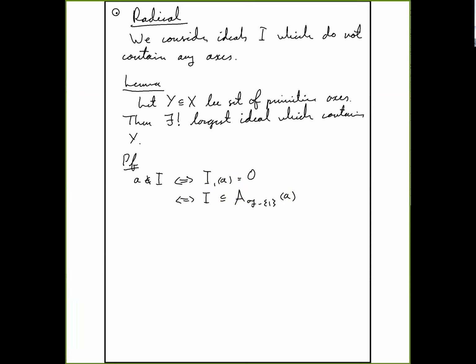And so I contains no axes if and only if I is contained in the intersection over all axes A. And okay, so now let's consider the sum of any two ideals which lie in this intersection.